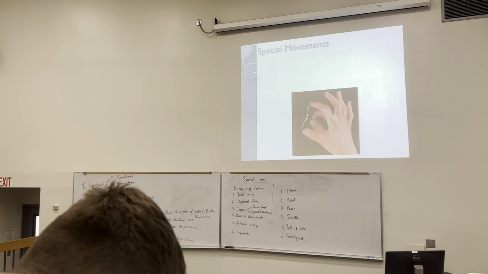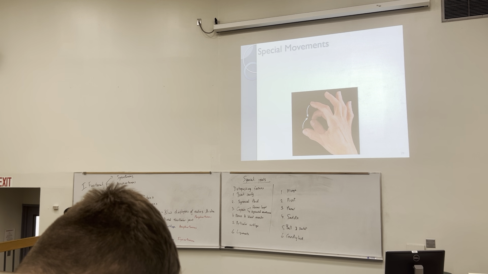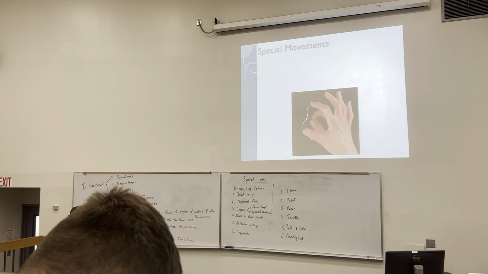And with our hands, if we can touch the thumb to any other finger on the same hand, that's called opposition. You may have heard cats and dogs cannot use instruments because they do not have opposable thumbs, right?